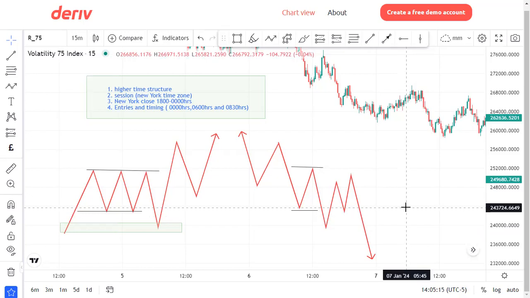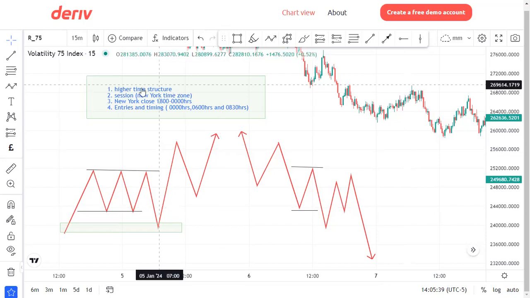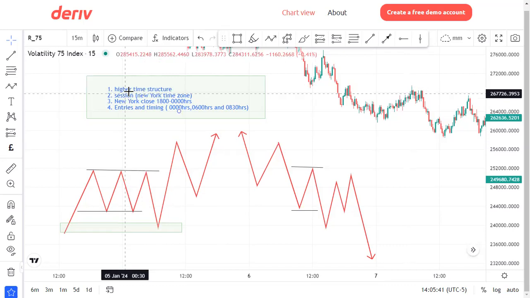So why do we say New York? What you need to know in trading is that everything happens when the New York people are trading. It is not different for derivatives and synthetic indices. The algorithm is designed during the New York session. That's when the algorithm starts to move a lot. So firstly, higher time frame. Secondly, your sessions: you change your time zone to UTC-5 New York.